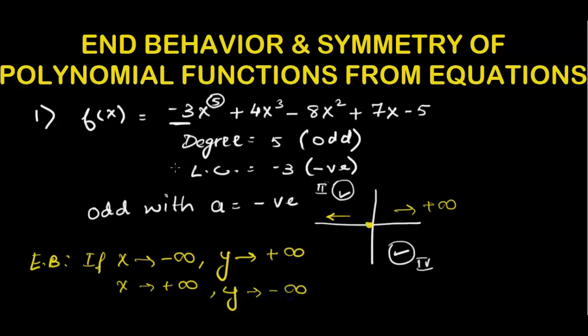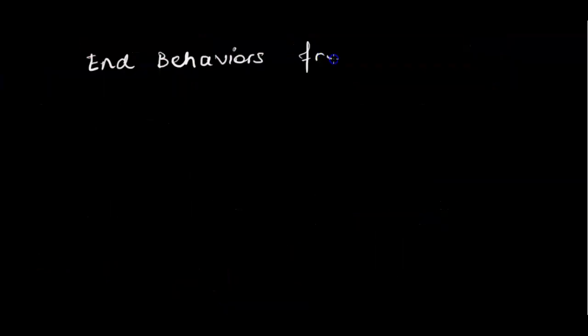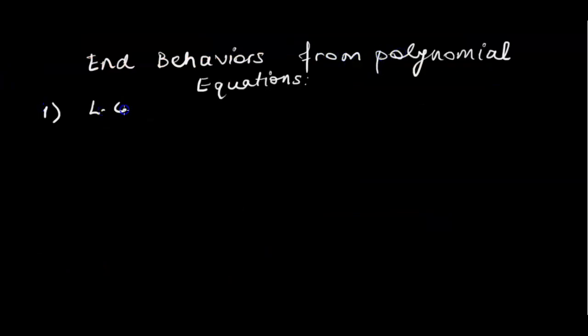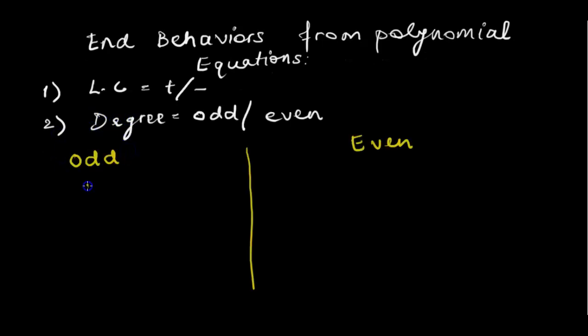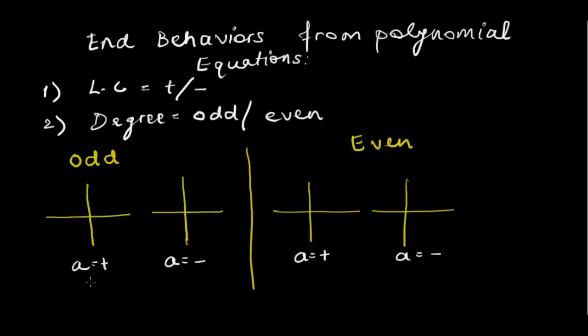So whenever we need to write down the end behaviors from the given polynomial equations, we need two things. One is whether the leading coefficient is positive or negative, and the second is whether the degree is odd or even. If we have an odd degree function with a positive, then it would lie in the first and the third quadrant. If we have an odd degree function with a negative, it would lie in the second and the fourth quadrant.